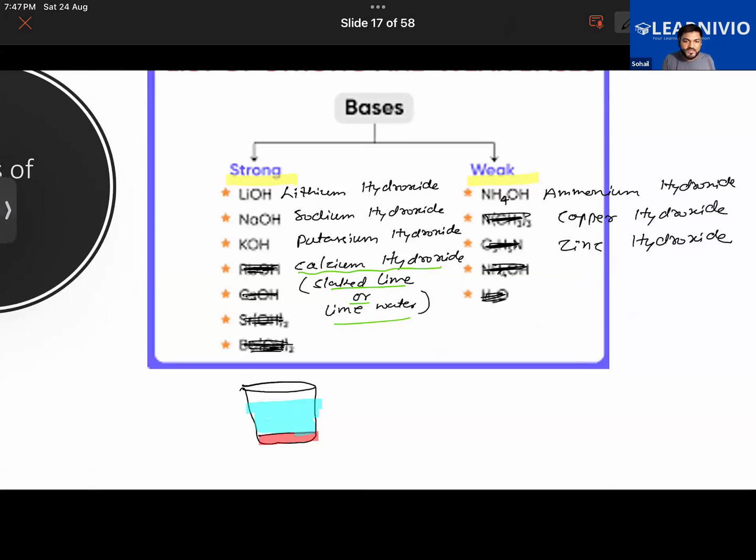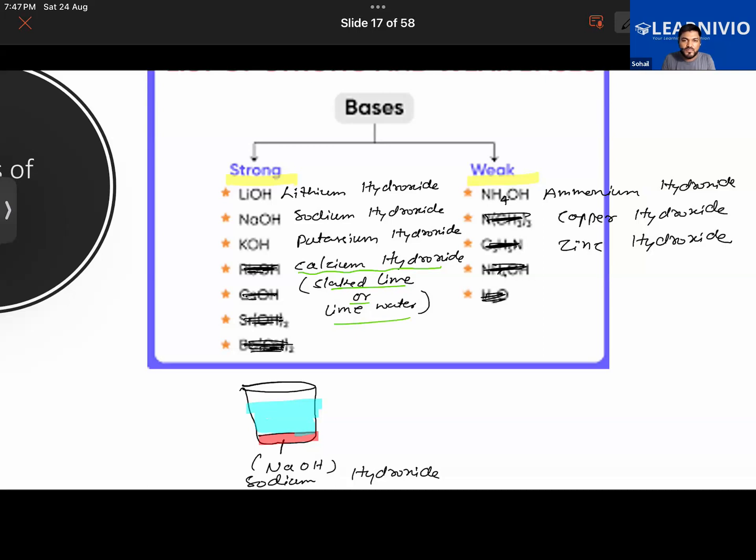Namely, for example, let's take sodium hydroxide, which is a strong base, right? So this will 100% break down into sodium and, yes, Fatima, you were saying something?